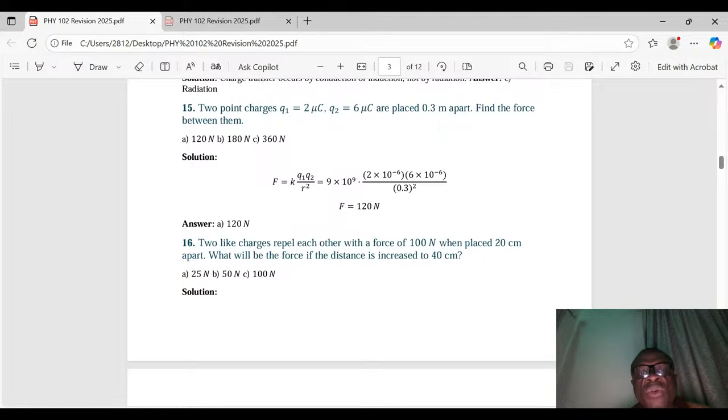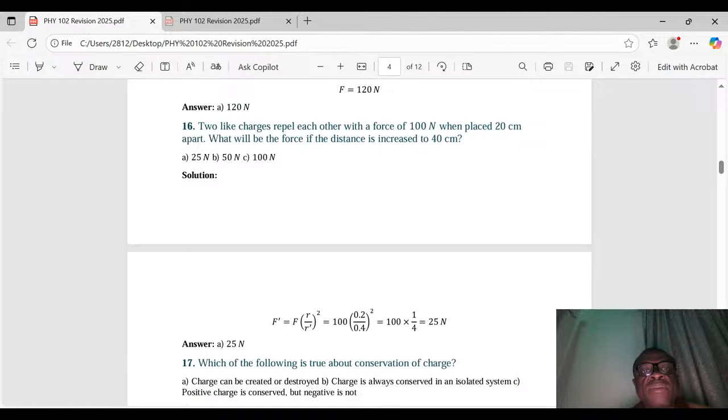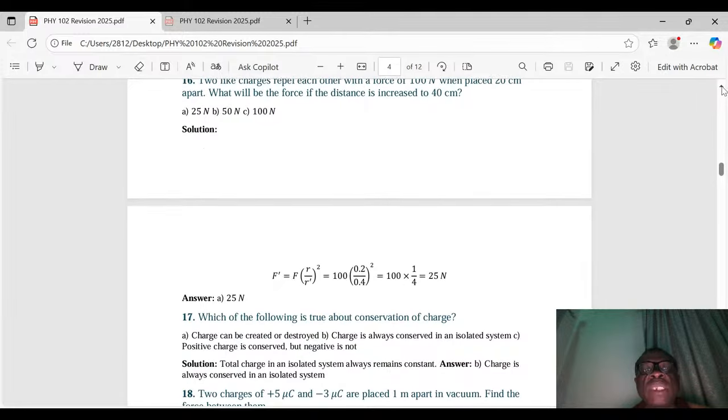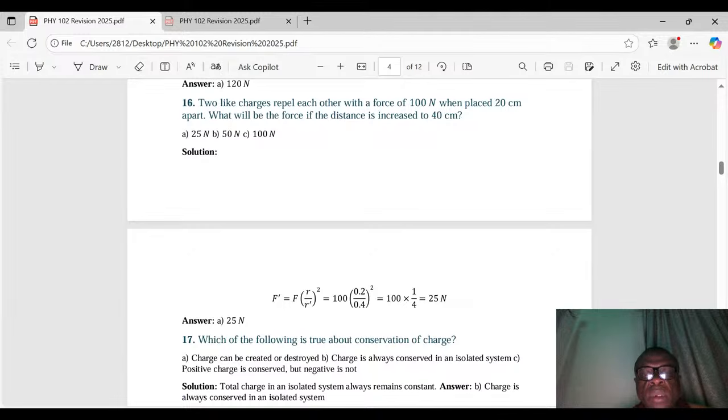So we're moving to question 16. Two like charges repel each other with a force of 100 Newton when placed 20 centimeters apart. What will be the force if the distance is increased by 40 cm?